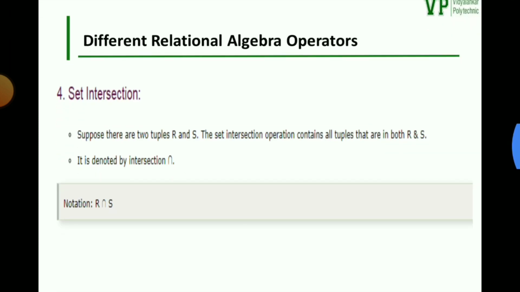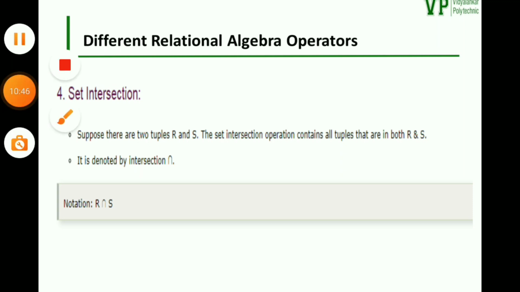Now we have set intersection. Suppose there are 2 tuples R and S. The set intersection contains all the tuples that are in both R and S. It is denoted by the intersection symbol.